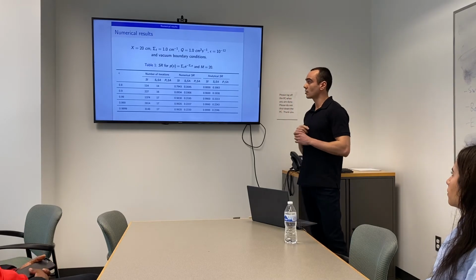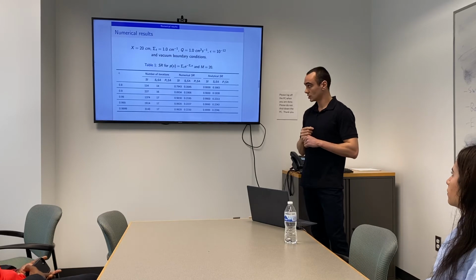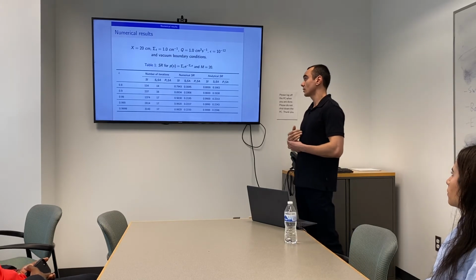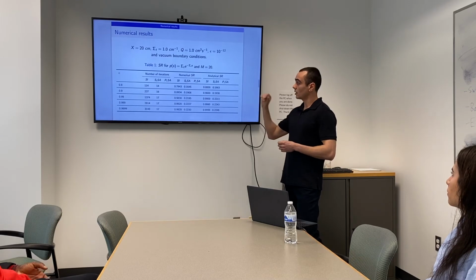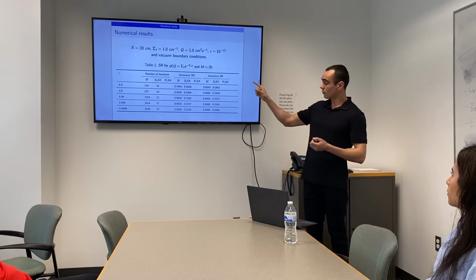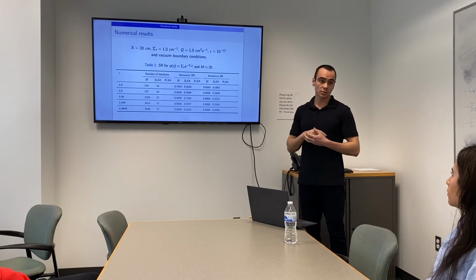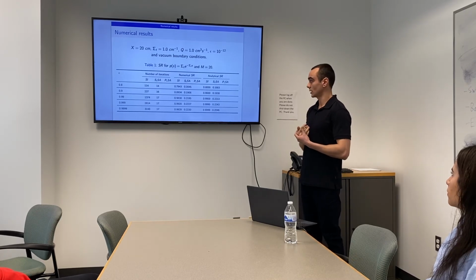This first set of columns is the number of iterations to achieve convergence in the SI method and S2SA, and later on I'll fill that third column there with my results for the number of iterations in this case.